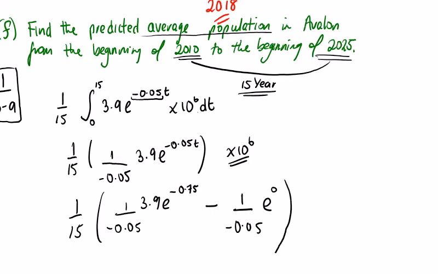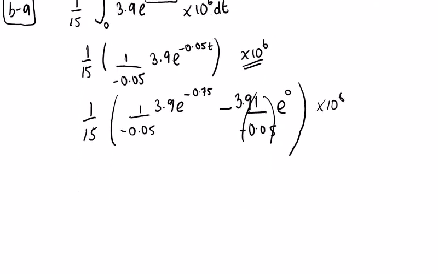So let's have a look at what this gives us. Don't forget my 3.9. Just put a bracket around that, and by 10 to the power 6. Let me tidy this up a bit first. So 1 over 0.05 is 20.